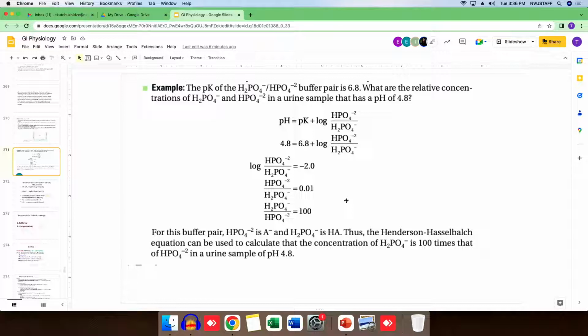So from this buffer pair, the HPO4 is A minus, as I mentioned, and H2PO4 is HA. So in the Henderson-Hasselbalch equation, it means that H2PO4 is 100 times more than HPO4 in the urine sample of pH 4.8.